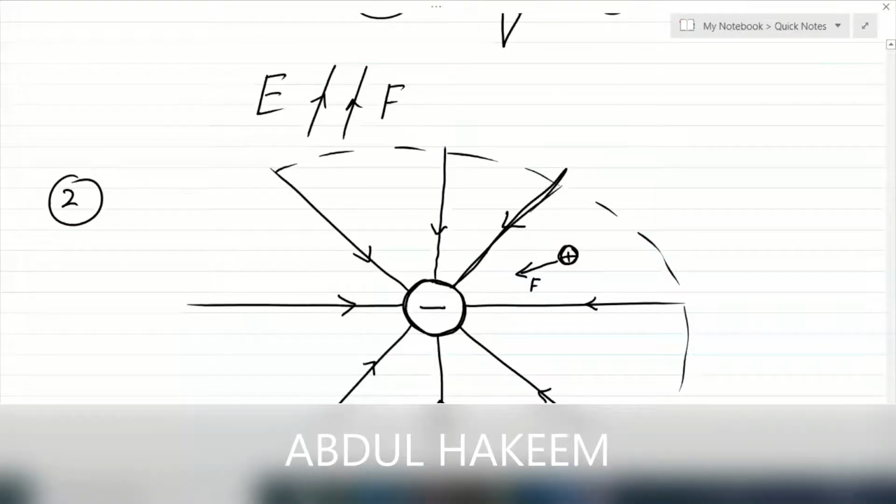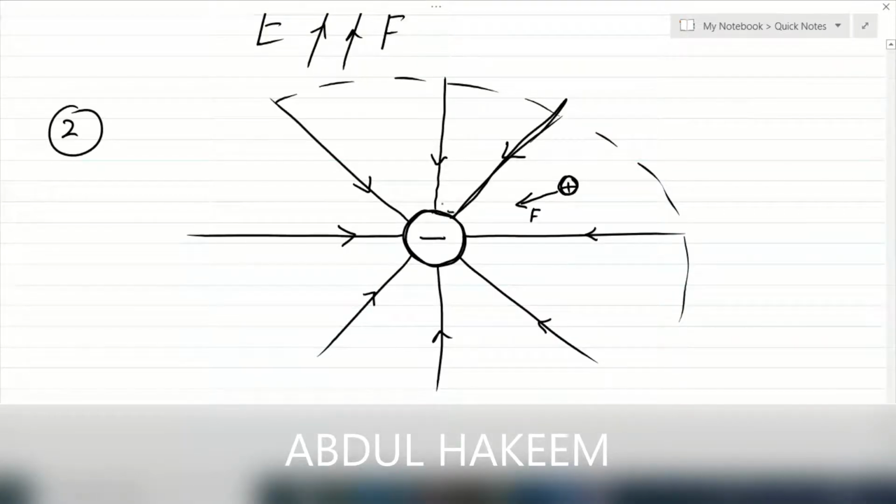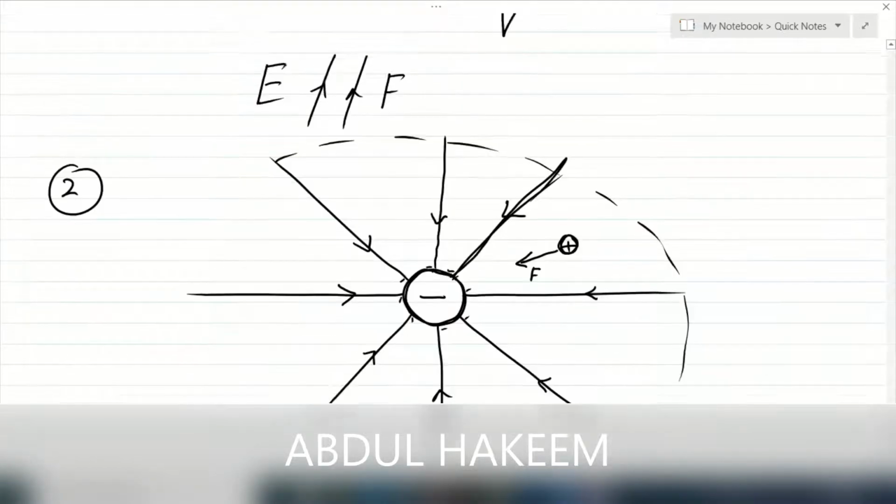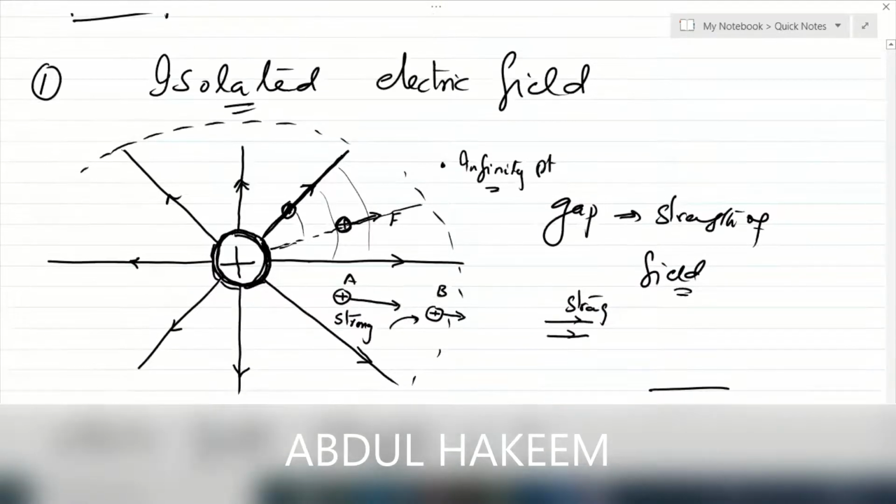Okay, so all charges are kept by the surfaces. It means the surface is the start and the end of the electric field. So all electric field lines in the negative charge end at the surface, and in the positive charge, they start from the surface outward.